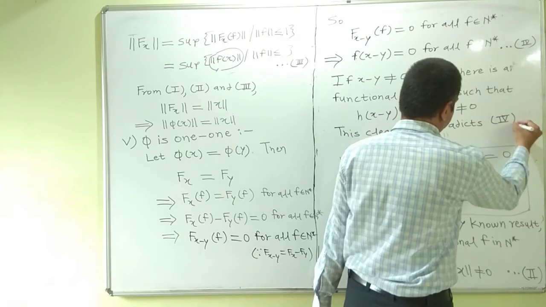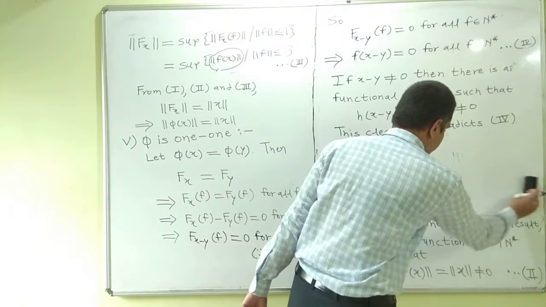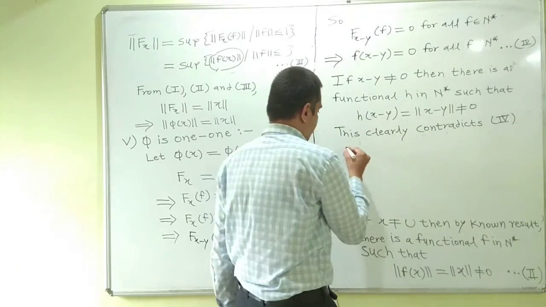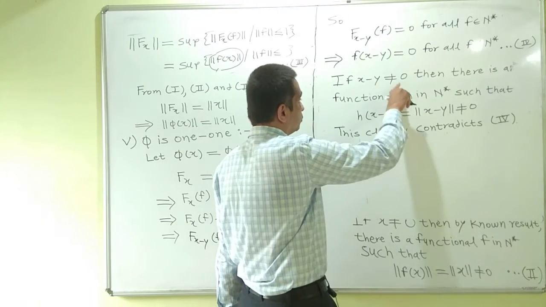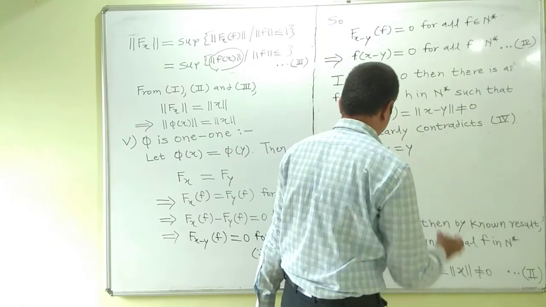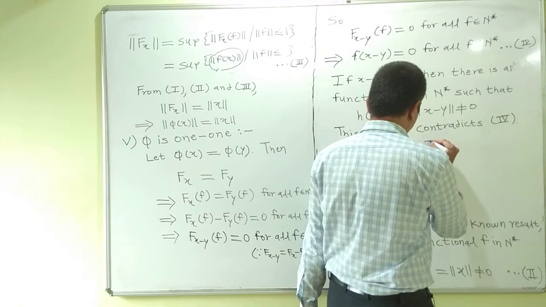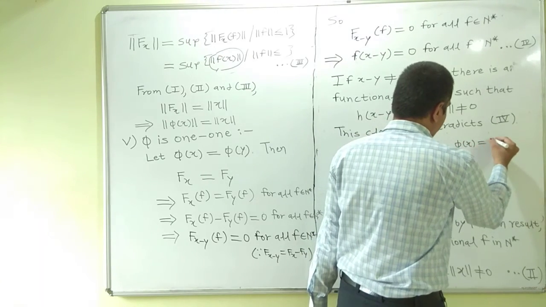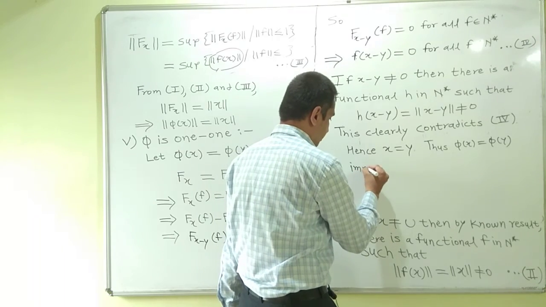Hence, our assumption that x minus y is not equal to 0 is not possible, hence x is equal to y. Thus, what we proved? Phi x is equal to phi y implies x is equal to y.